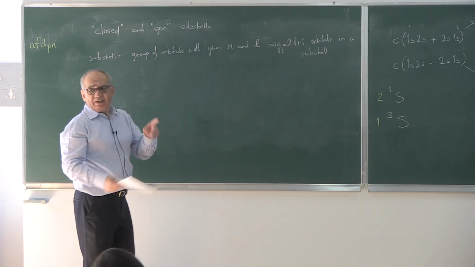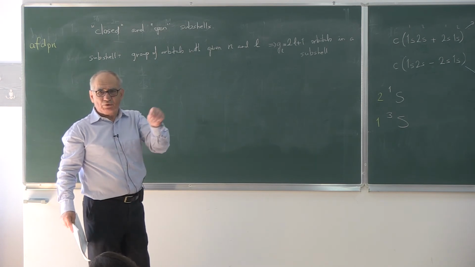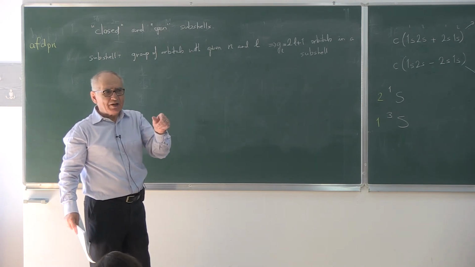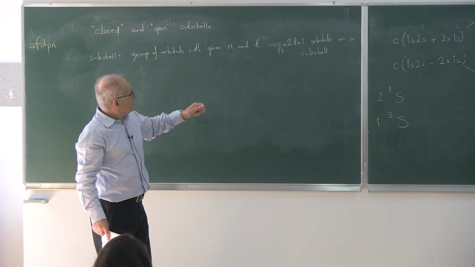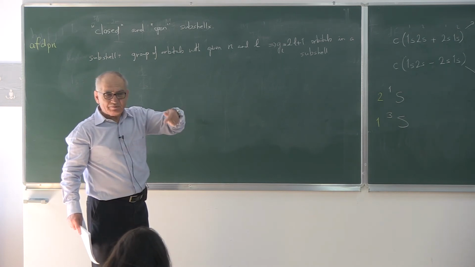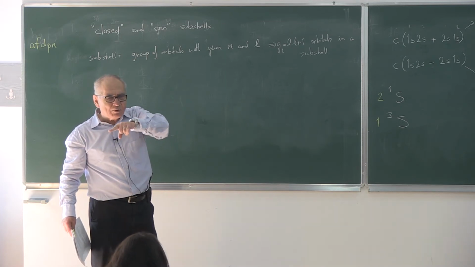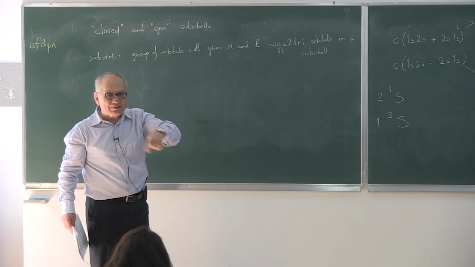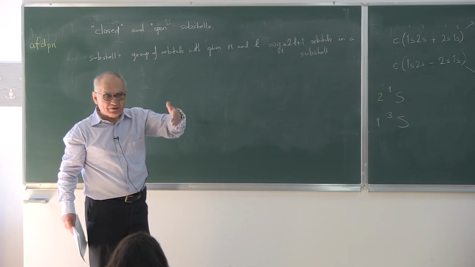Now, for a single orbital, according to the simple rule of the Pauli principle, the maximum occupation number of a single orbital is 2. If there is more than one orbital, when you imagine all orbitals in the subshell, then the maximum occupation number is going to increase.